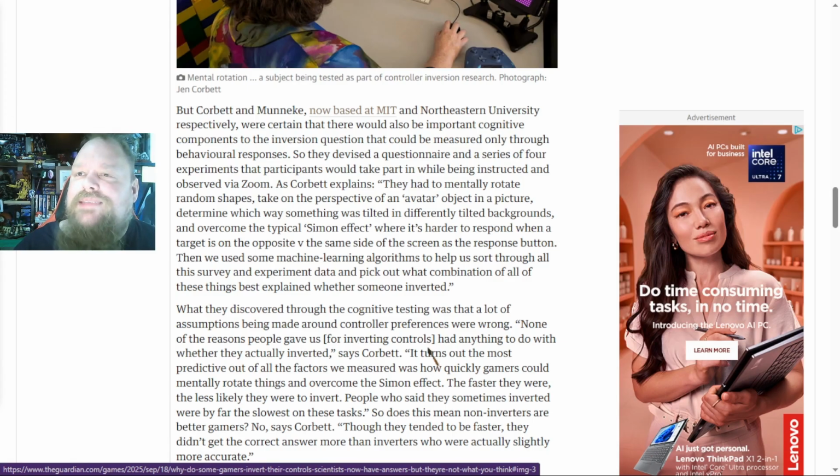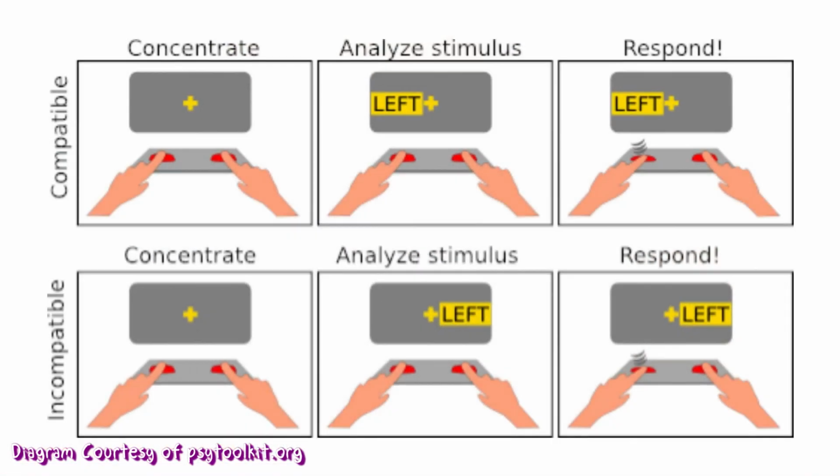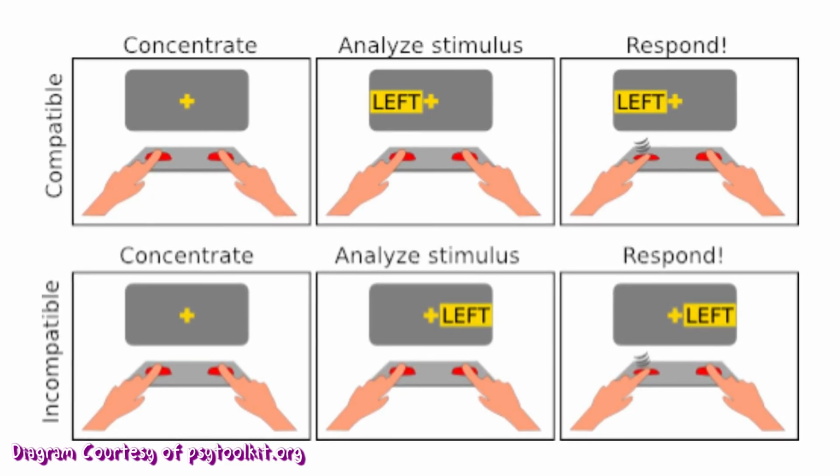As Corbett explains, they had to mentally rotate random shapes, take on the perspective of an avatar object in a picture, determine which way something was tilted in differently tilted backgrounds, and overcome the typical Simon effect, where it's harder to respond when a target is on the opposite side of the screen from the response button.